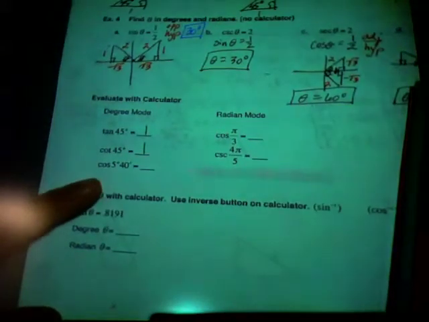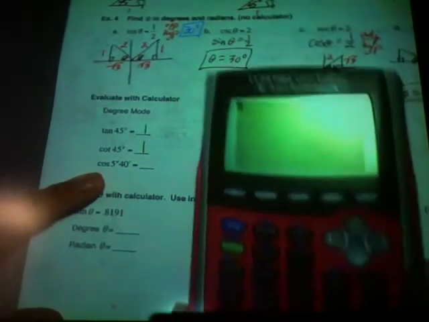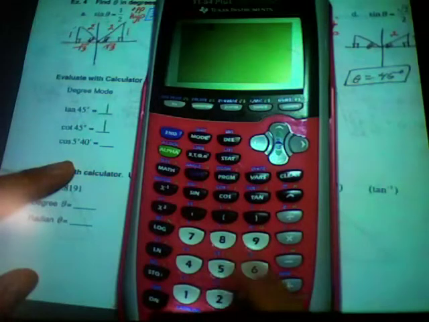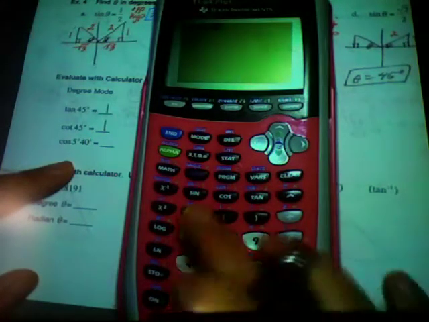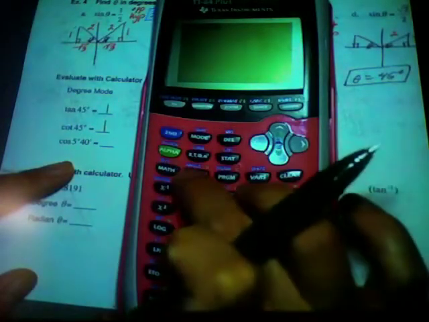How do you do cosine of 5 degrees 40 minutes? Do you remember how to do the degrees and minutes? Where are they located? So cosine 5, where's your degrees? You have to do second apps so you can get to angles.